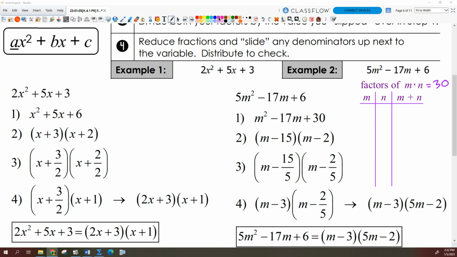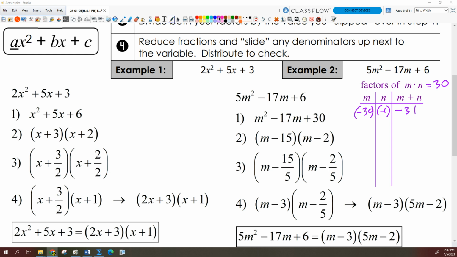Now you have to just find factors of that number. We want factors that multiply to 30 and add to negative 17. So they're both negative, right? And we would just pick values. I want you to notice a trend here. If I pick negative 30 and negative 1, they add up to negative 31.